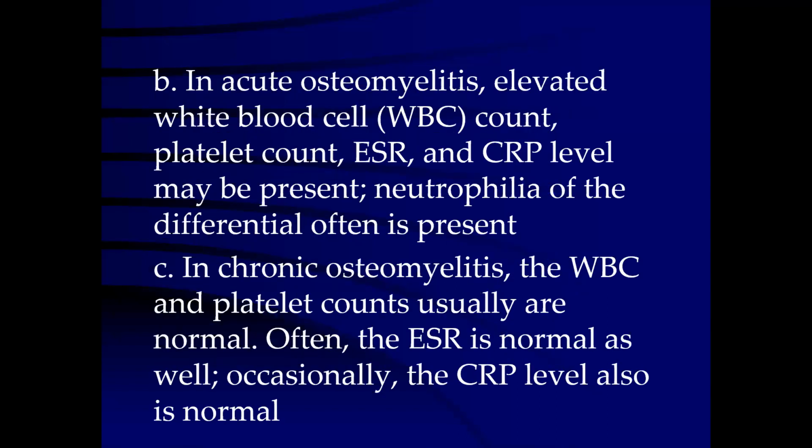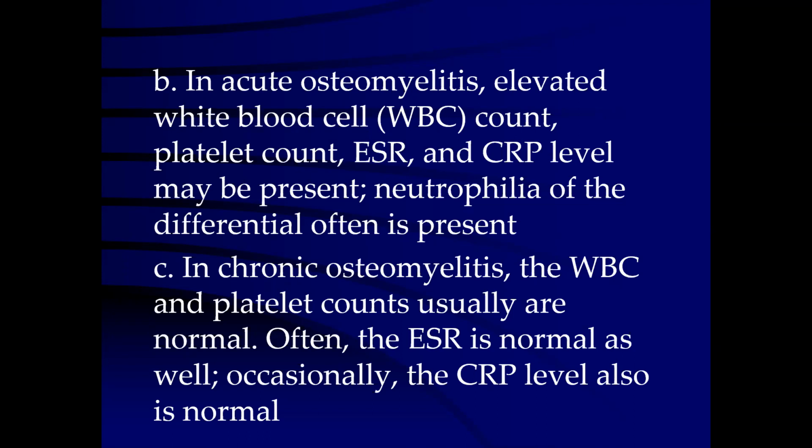In acute osteomyelitis, elevated white blood cell count, platelet count, ESR, and C-reactive protein level may be present. Neutrophilia of the differential is often present, meaning the neutrophil count is elevated.